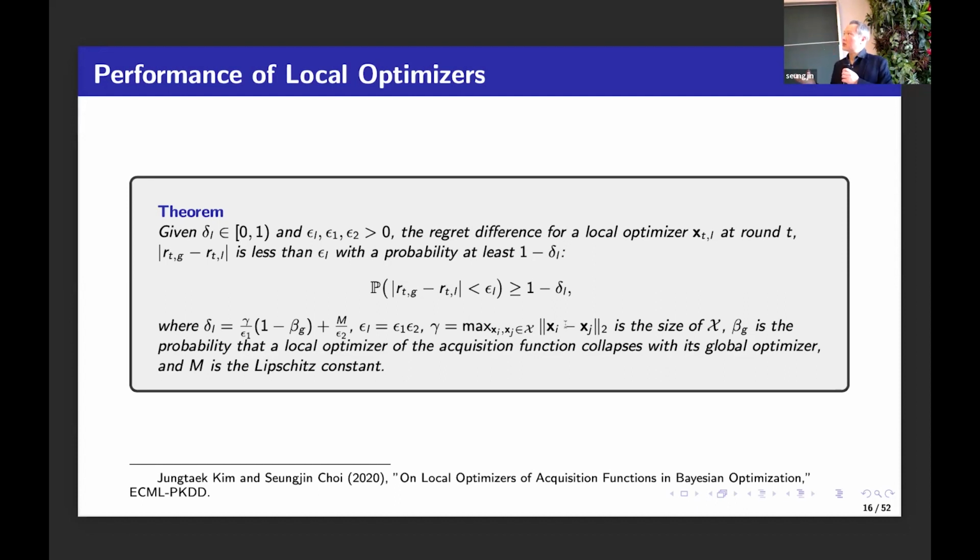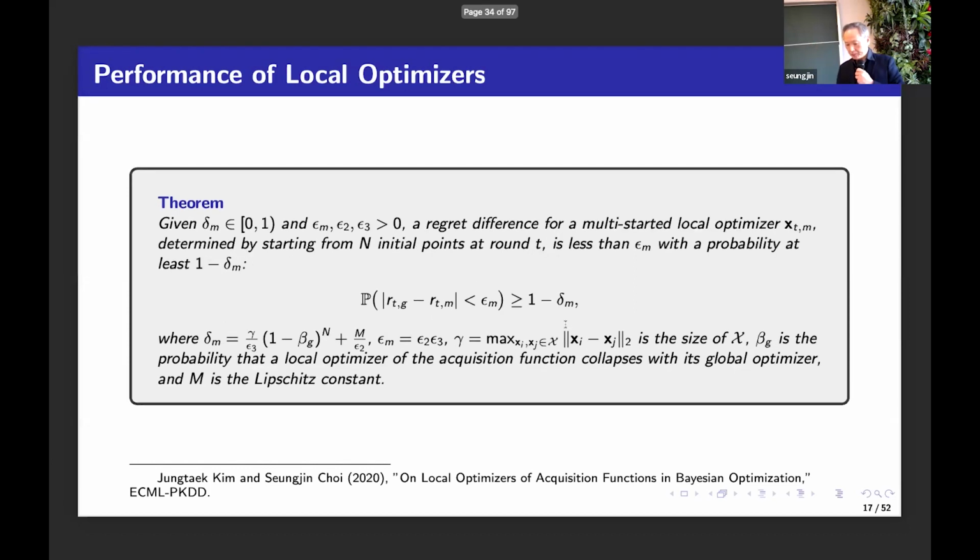But in practice, when you run numerical optimizations, sometimes you use multi-start. You select some initial conditions and run your local optimizer, then choose different initial conditions and run another local optimizer. If you run your local optimizer using multi-start, you will be able to get better solutions.